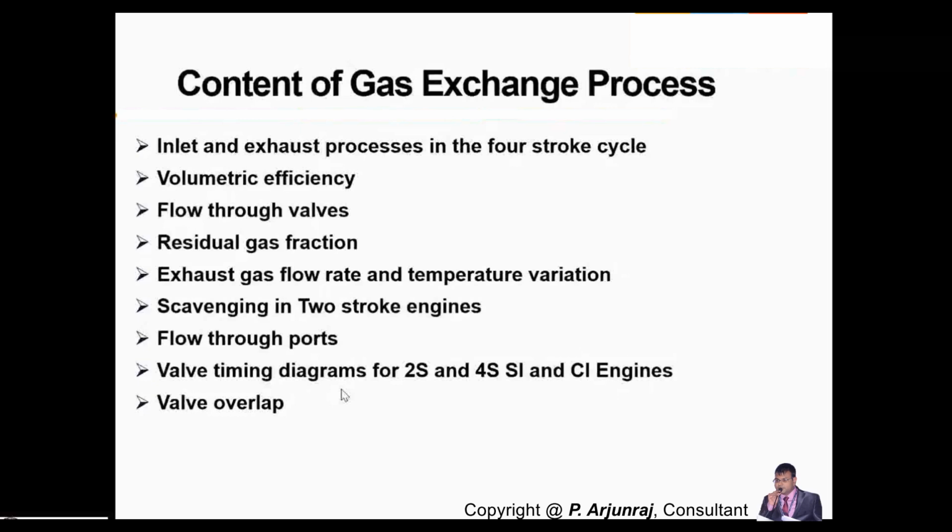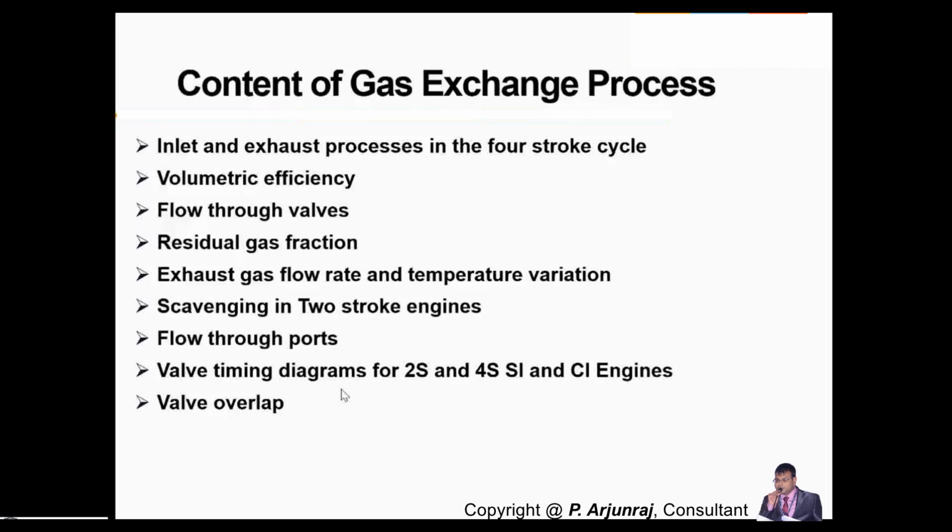The transfer port will transfer the air and fuel to get compressed below the piston, which is part of the combustion chamber. And you have one more part called the exhaust port, which will expel the exhaust gas to the atmosphere.